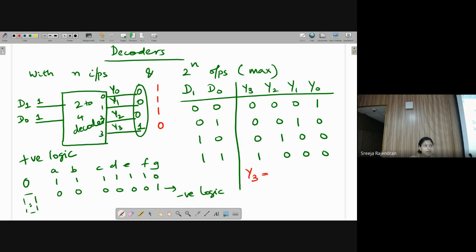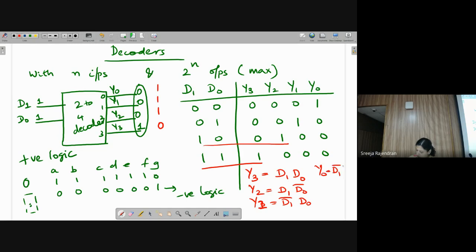Y3 is D1, D0. D1 is my MSB, always. Then Y2 is D1, D0 bar. Y1 is D1 bar, D0. And Y0 is D1 bar, D0 bar.